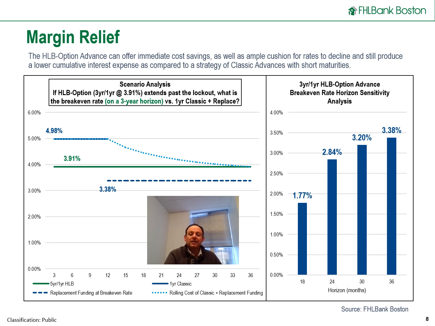Along the right-hand side, you can see some of the nuance with whatever horizon we look at. I just mentioned that in that stress test, we're assuming the HLB option fully extends out to 3 years. But because of the quarterly put option embedded in the advance, it may get called at the 12-month mark after the lockout.